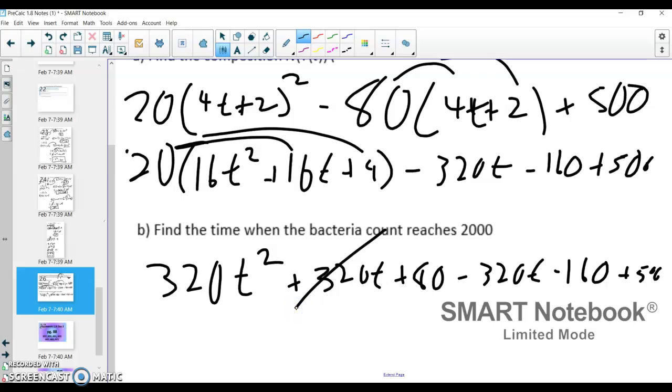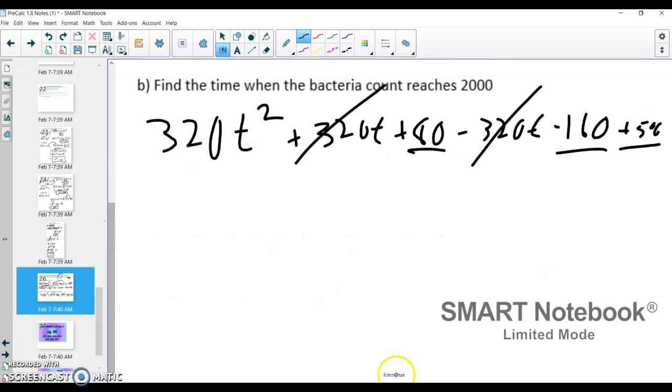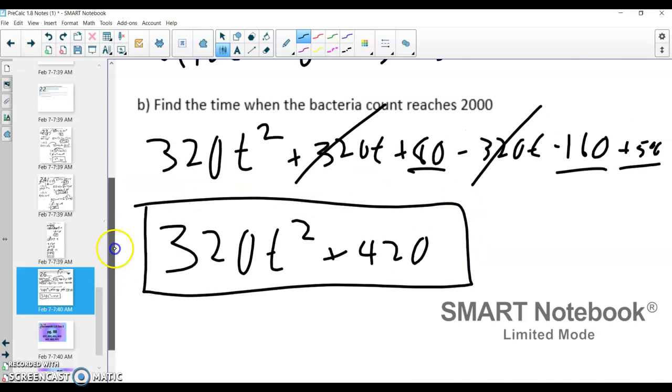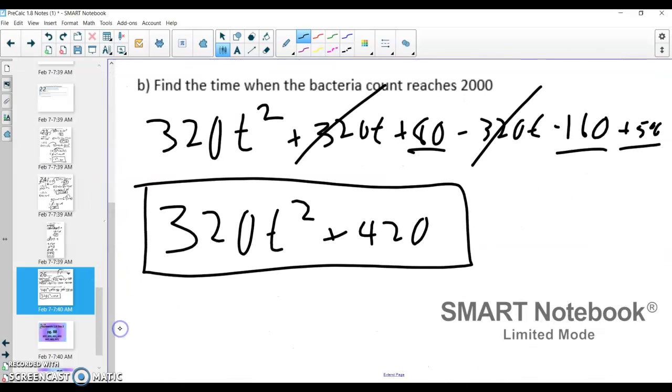My 320t is going to cancel with this 320t here. 80 plus 80 minus 160 plus 500, that's going to give me 80 plus 500 minus 160, which is 420. So 320t squared plus 420. And I believe that is the last thing I can do. So that would be my composite function, n composed of t of t.